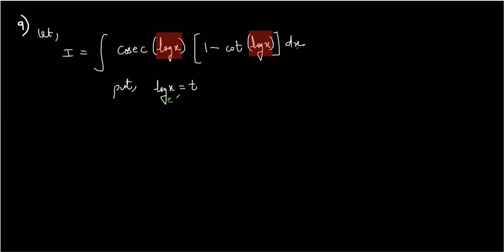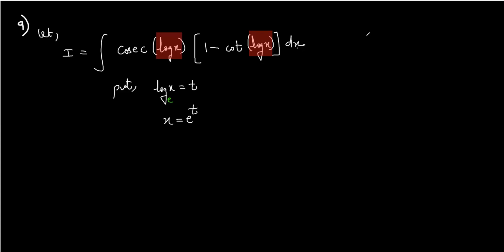Then I use the definition of logarithm. We all know if log x to the base e is t, then x would be e raised to t. This we all have done, logarithmic form and exponential form. You have done this in 11th standard when you learned logarithm. So for a few of you, let me now explain this.